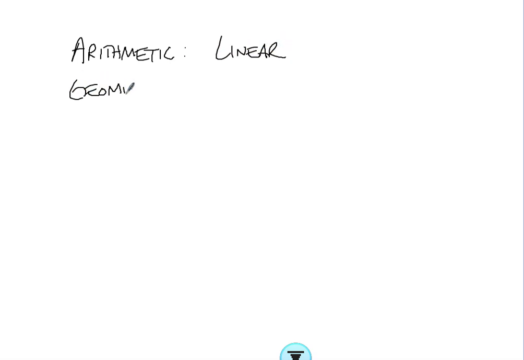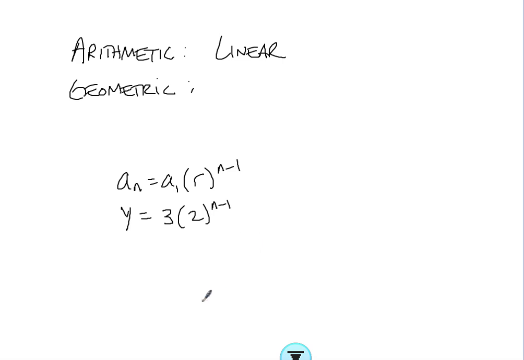Geometric, can you guess what that would be? Think about it: if I give you an equation, here's our general form, and let's pretend I gave you an equation like 3 times 2 to the n minus 1. Maybe I'll make it an x.